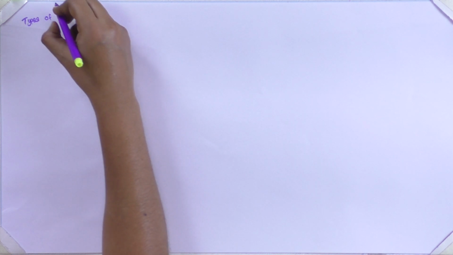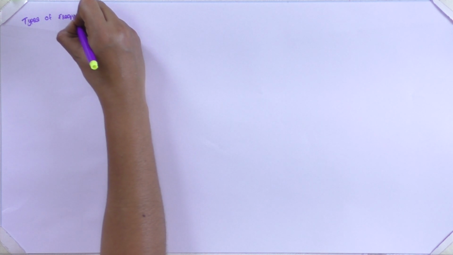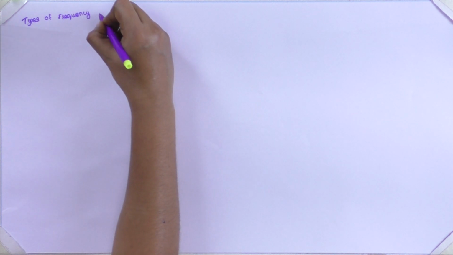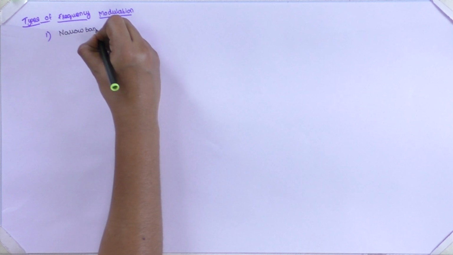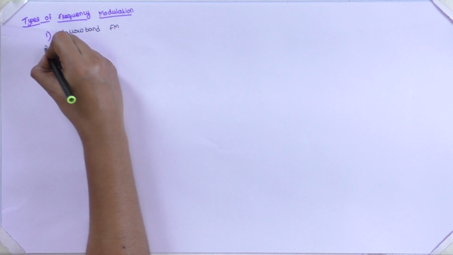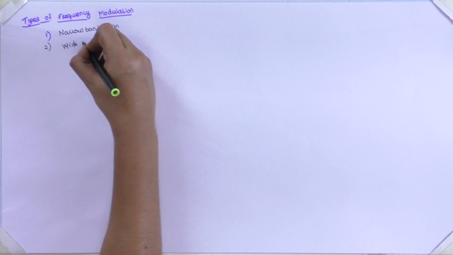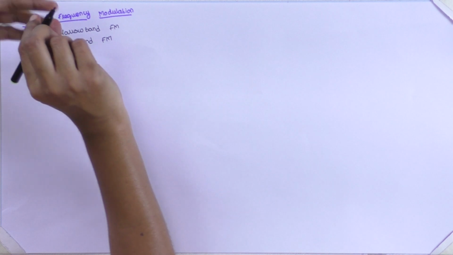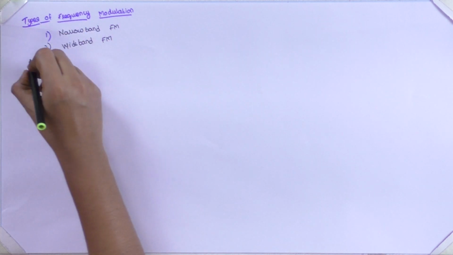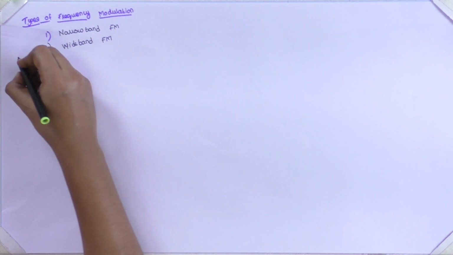Types of frequency modulation: depending upon the value of beta, we characterize it as narrowband frequency modulation or wideband frequency modulation. Now we will derive the time domain expression for the narrowband wave.